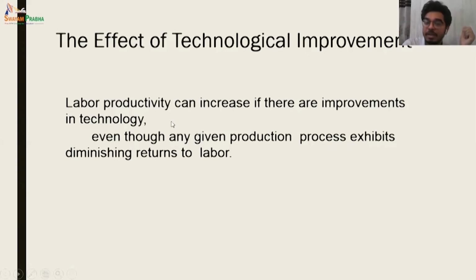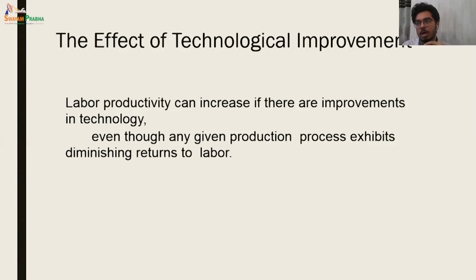Let's see. Even though any given production process exhibits diminishing returns to labor, let me give you a small background.